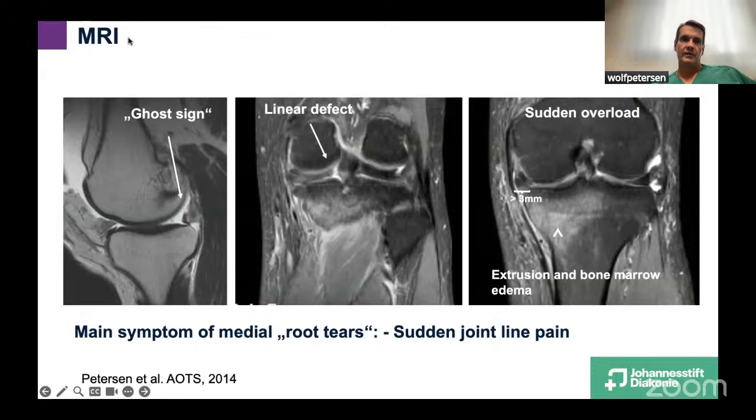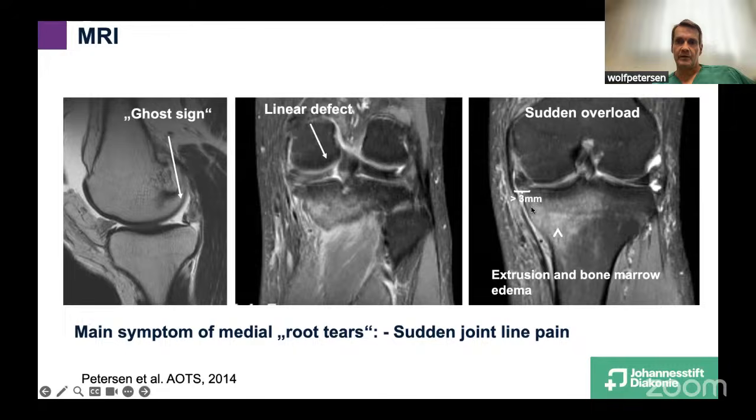So these are the typical MRI signs. At the medial side, we mostly find the ghost sign, which is shown here, with this white appearance of the meniscus triangle, white like a ghost. Then the linear defect, as you can see here in the middle, or some indirect signs, the extrusion of the meniscus, and per definition, an extrusion of more than 3 millimeters is a relevant extrusion.